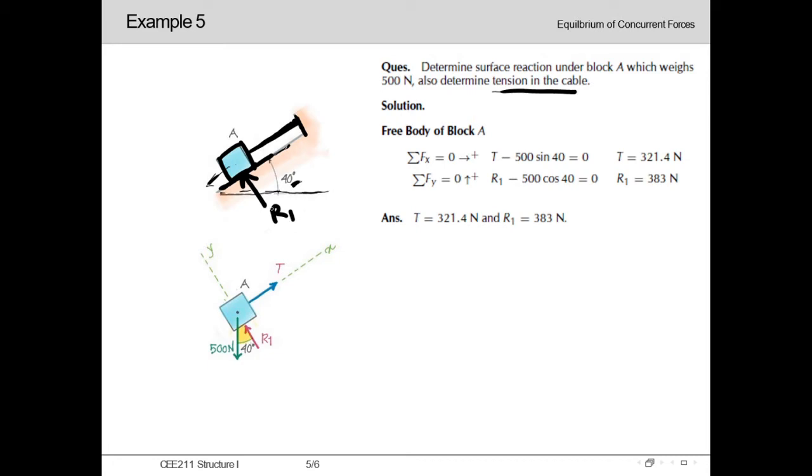So this R1, which is our surface reaction, will be acting at an angle of 40 degree with the vertical axis. This angle will be 40 degree. We had already gone through this concept in our previous example. If you need the explanation, you can go back to the previous lecture.